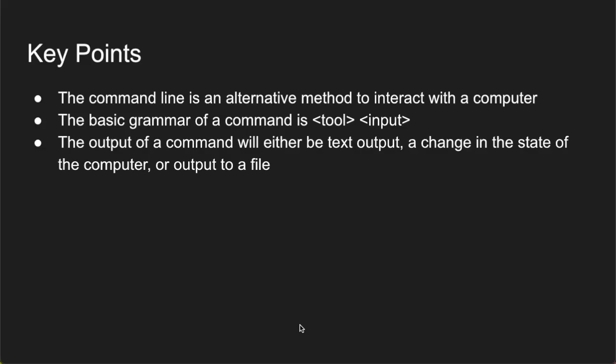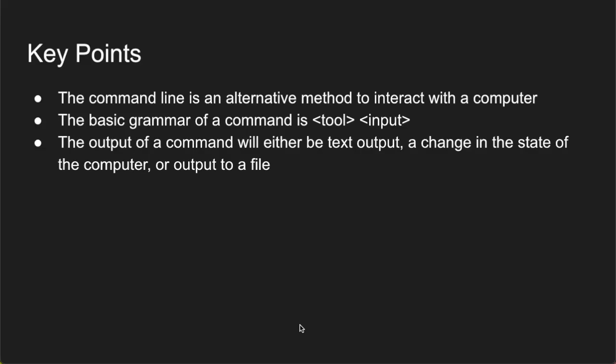The other thing is we have this basic grammar of tool name, and then inputs to change the performance of that tool. So whenever you're looking at a command, the first thing that you read is the command, and then the things that come after that will be modifying the behavior of that command.